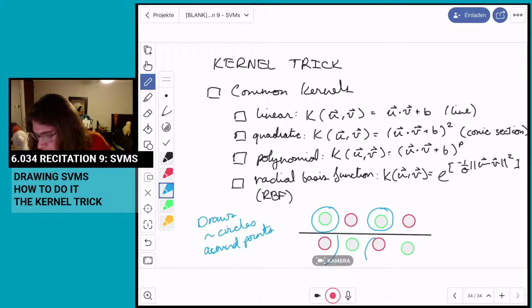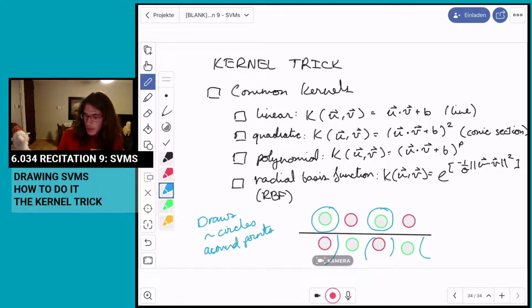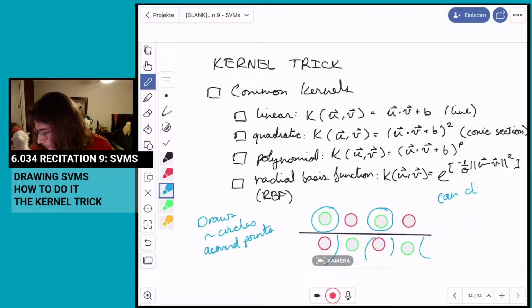These are the manifestations, if you will, in the 2D space, and that's tunable with the sigma parameter. And needless to say, if you can just draw circles around each data point of a particular class, then this can classify any data set.